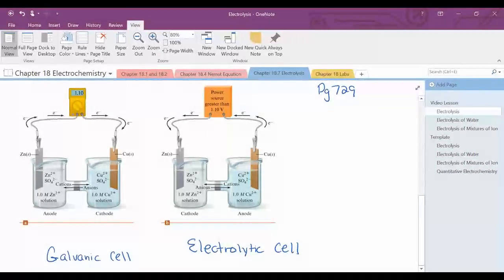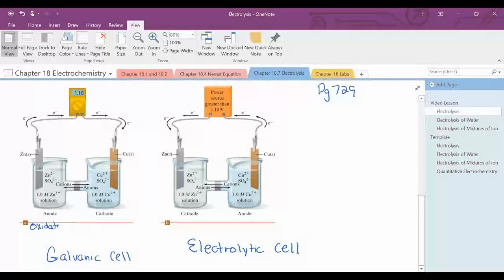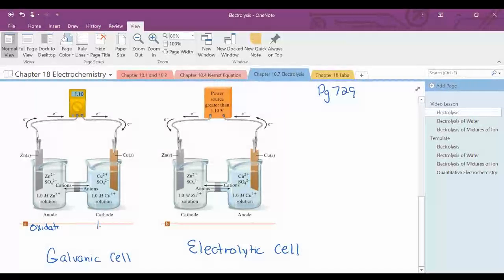I would recommend pausing the video and sketching the electrolytic cell. We know at the anode we have oxidation, and at the cathode we have reduction.